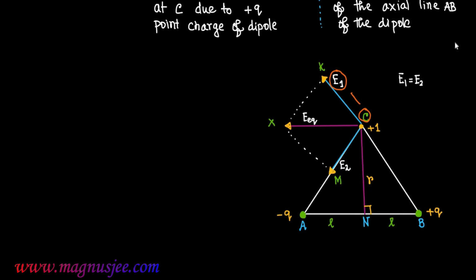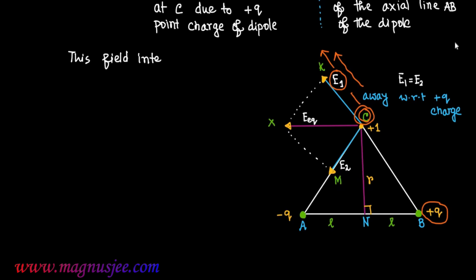Now E1 is the electric field intensity at the point C, which acts along CK, away from the point C with respect to the plus q charge of the dipole AB.